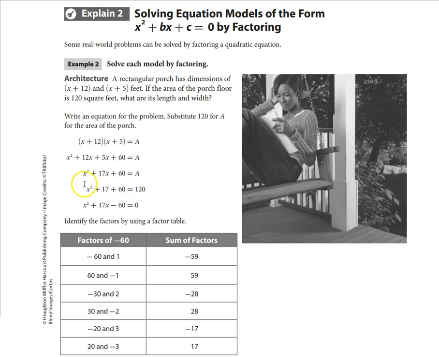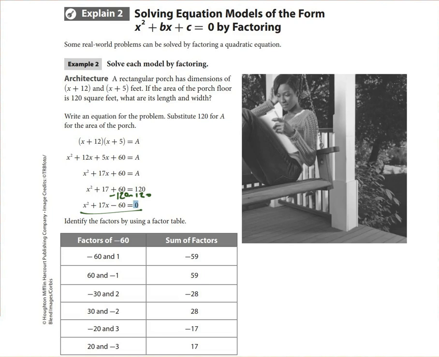And here at this step, they multiply those two together and they get x squared plus 17x plus 60. Well, this area is equal to 120, so they substitute 120 for A at that step. And then, like we've said, in order to use this method, we've got to make the equation equal to 0. So they're subtracting 120 from both sides at that previous step to get this equation right here.